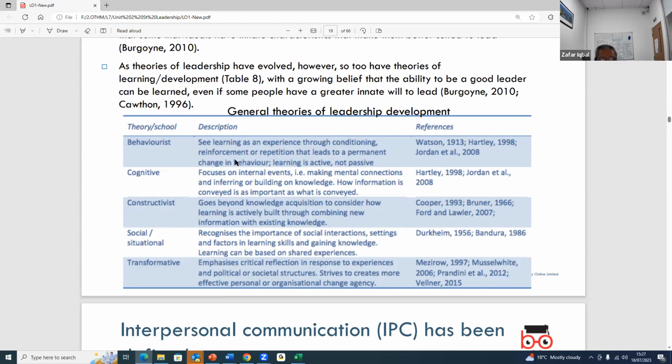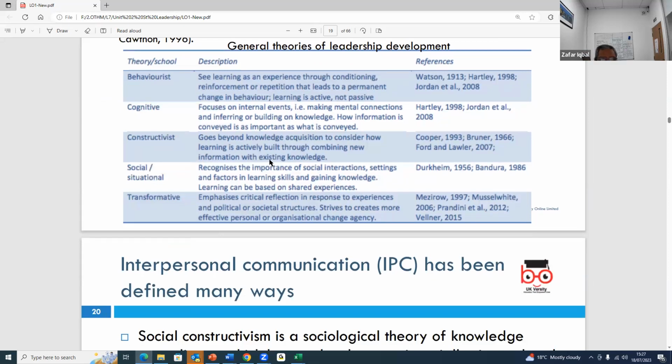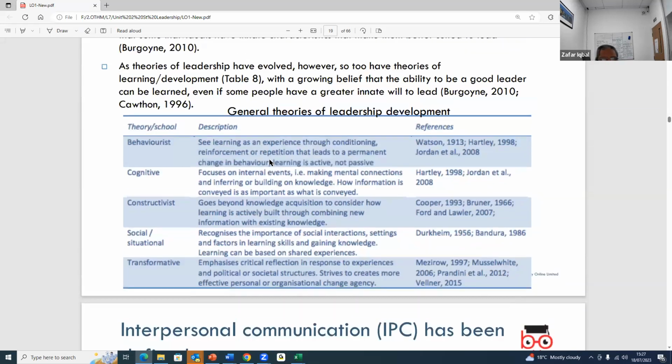These theories look at different things in different circumstances, because they all look from a different angle. So, for example, when we are talking about the behaviorist theory, they see learning as an experience through conditioning, reinforcing or repetition, which leads to a permanent change in behavior, whereas cognitive theory focuses on building on knowledge, and making sure that how information is conveyed is an important aspect.